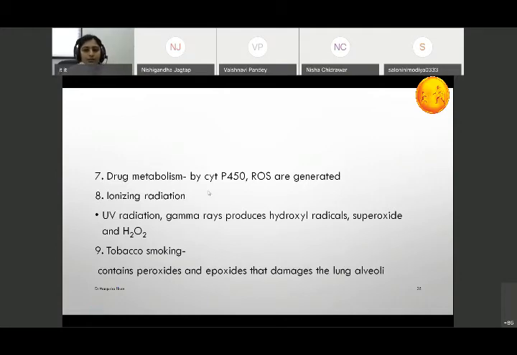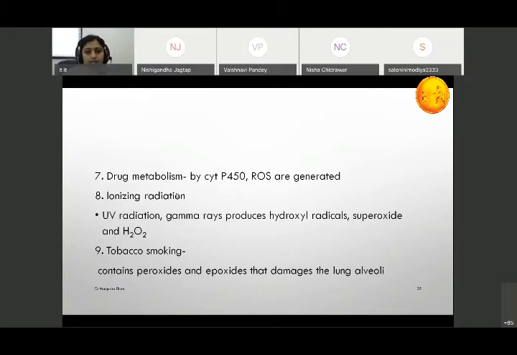Seventh is drug metabolism. With the help of cytochrome P450, reactive oxygen species are generated. Whatever drugs we are taking, some cause generation of free radicals. So in drug metabolism by cytochrome P450, reactive oxygen species are generated.